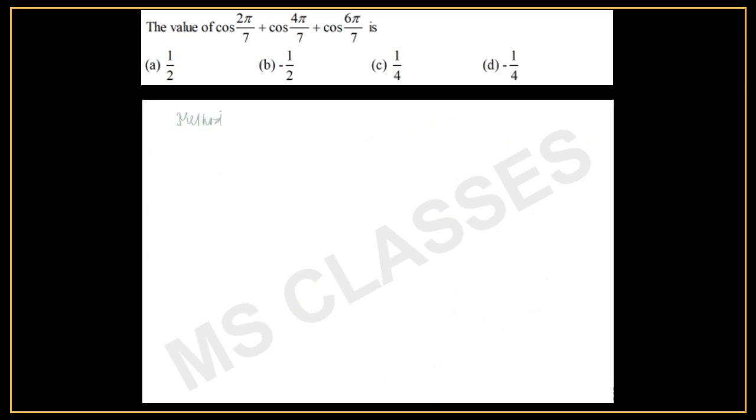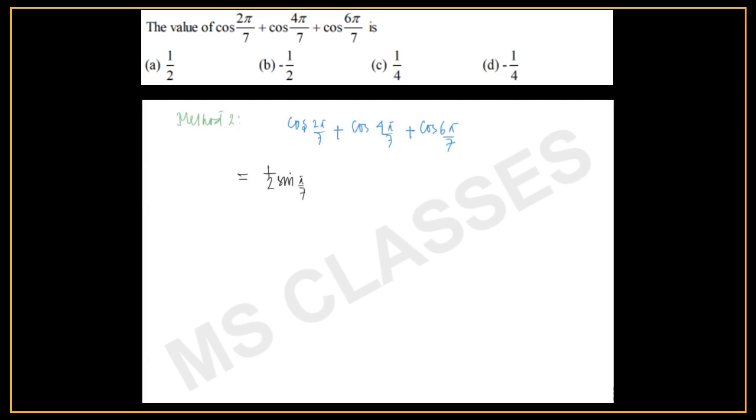Method 2. This is the ordinary method. What we do, the given expression is cos 2 pi by 7 plus cos 4 pi by 7 plus cos 6 pi by 7. And now here, for solving this sum, we divide and multiply by 2 sine of the difference between the angles by 2.